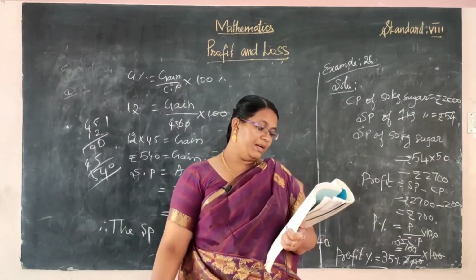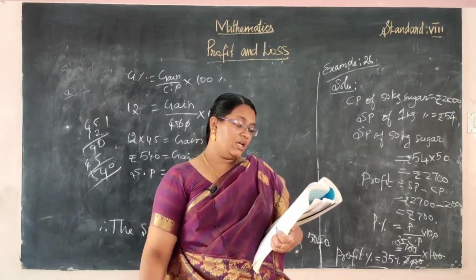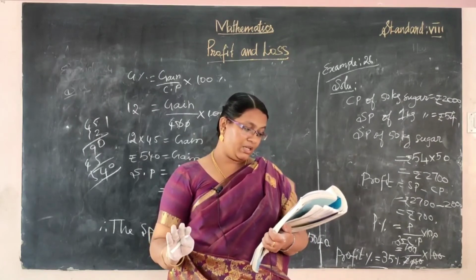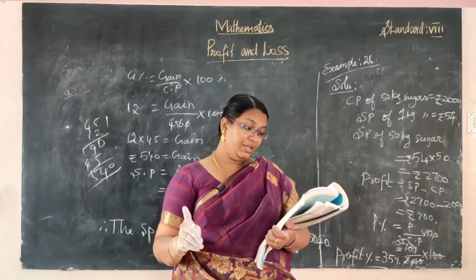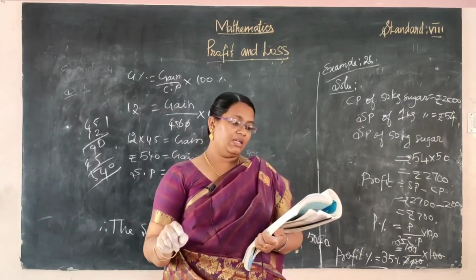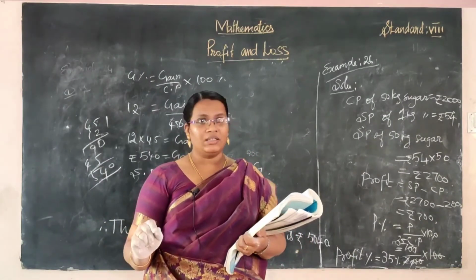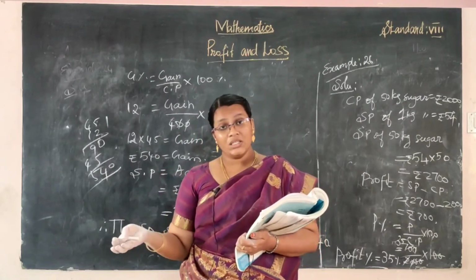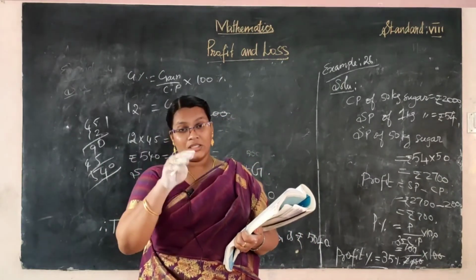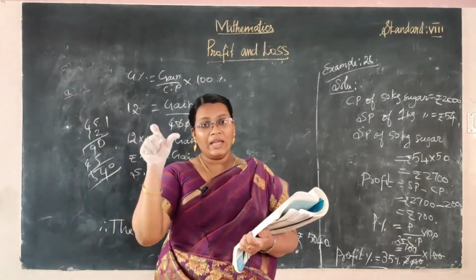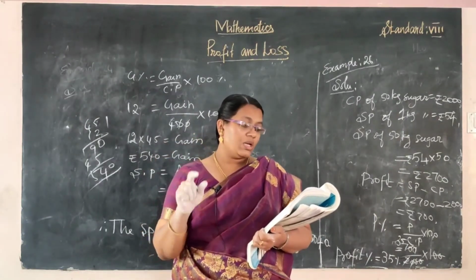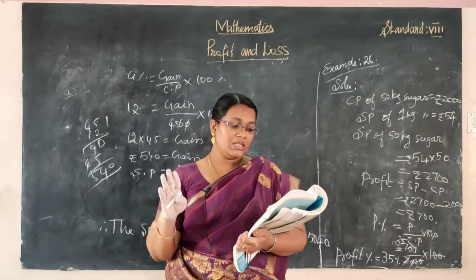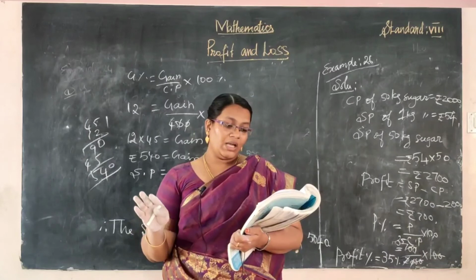A shopkeeper makes a loss equal to the selling price of 4 kg apples by selling 50 kg of apples. The loss on the 4 kg and the loss on the 50 kg are equal. Okay? Right.